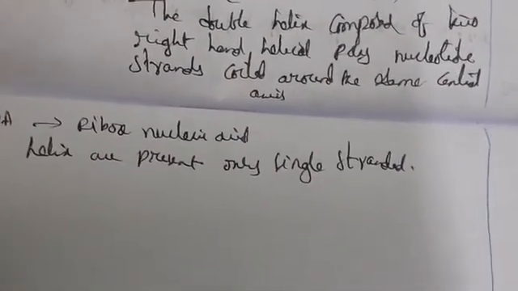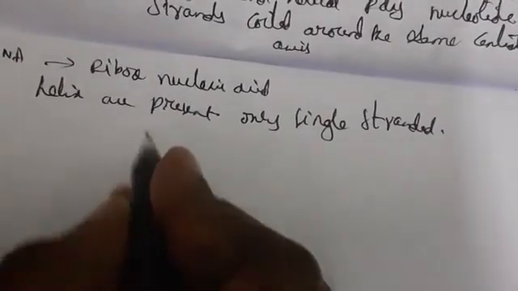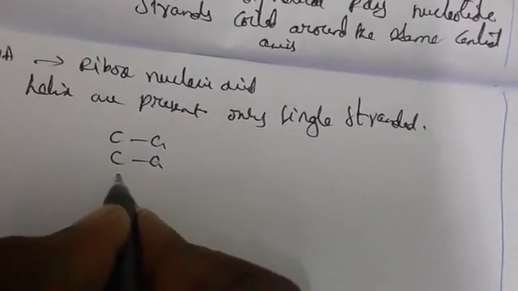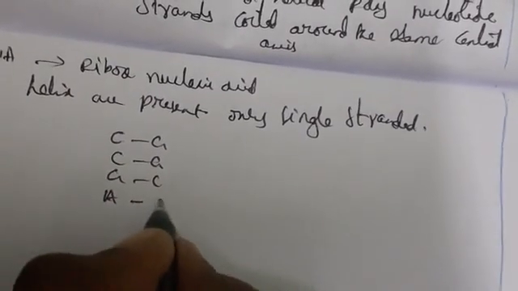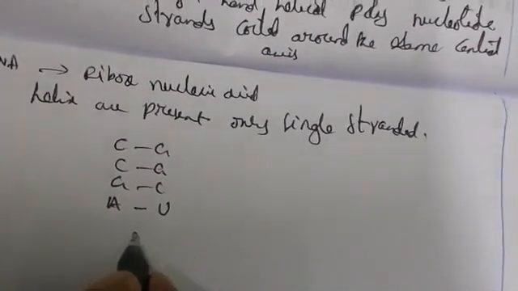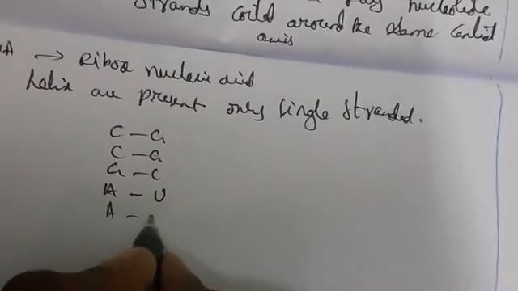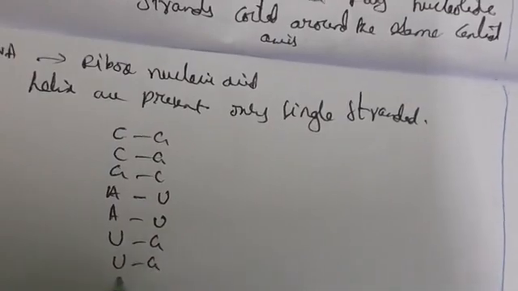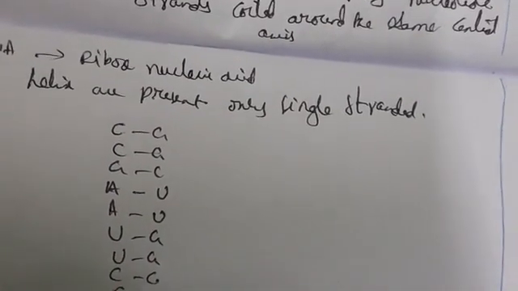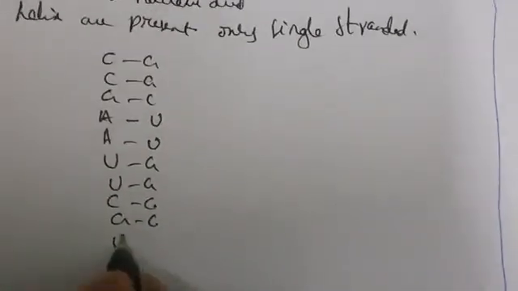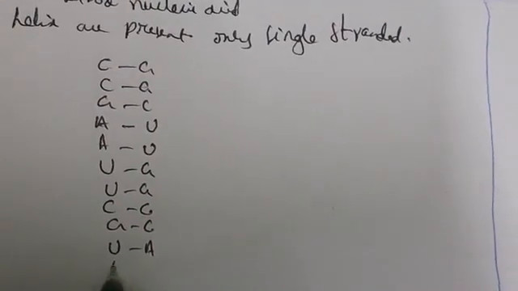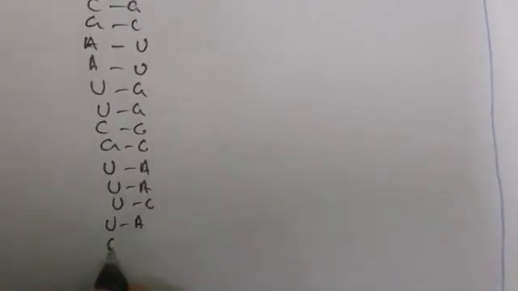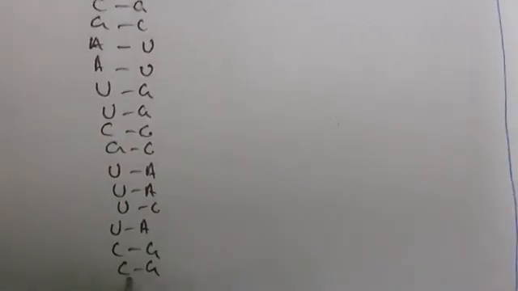Coming to RNA, the structure will be like this: CG, CG, GC. RNA contains uracil in place of thymine. So it is going to form like this: UA, CG, GC, UA, UA, UA, CG, GC.